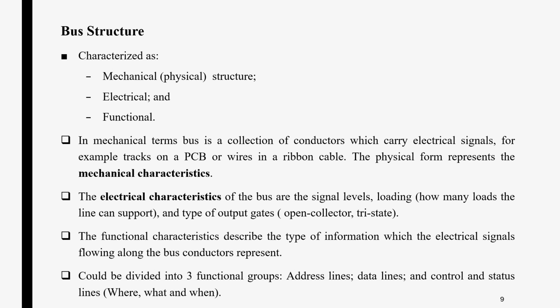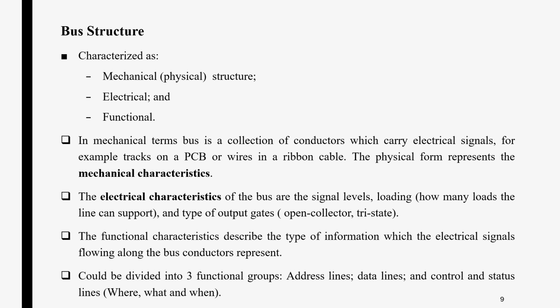In mechanical terms, the bus is a collection of conductors which carry the electrical signals, for example tracks on the PCB or wires in a ribbon cable. The physical form represents the mechanical characteristics. The electrical characteristics are the bus signal level, the loading, how many nodes a line can support, and the type of output gates: open collector and tri-state driver.